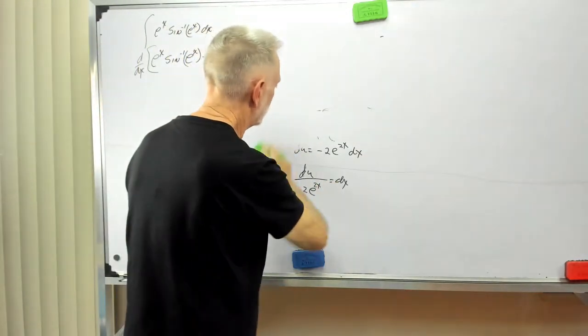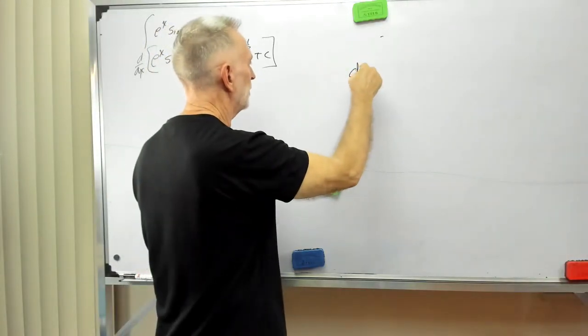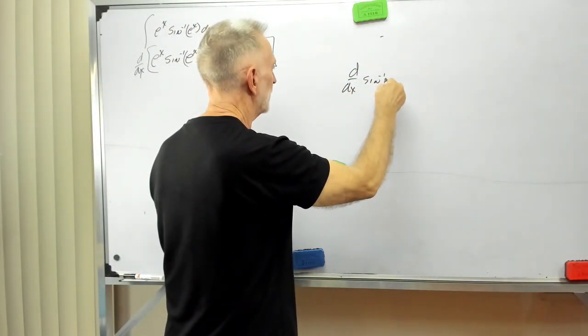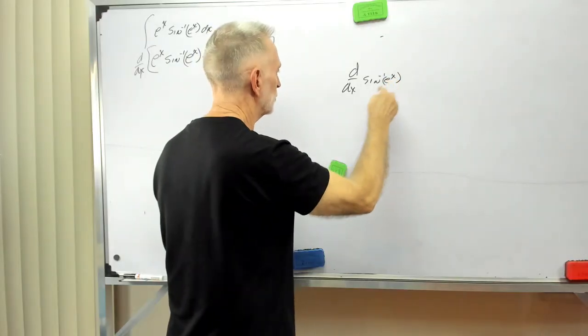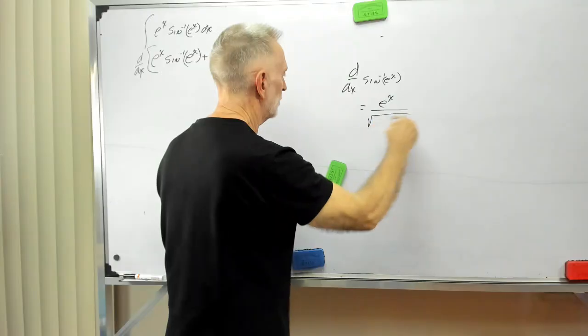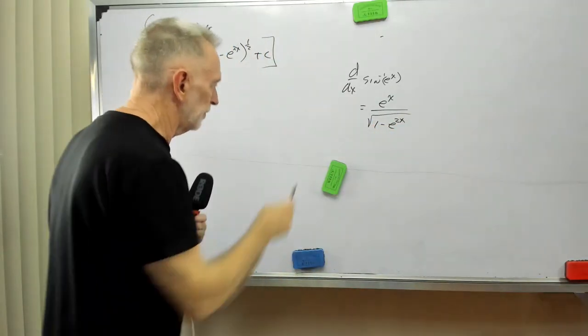Let's not forget that the derivative of sine inverse e to the x was e to the x over the square root of 1 minus e to the 2x.